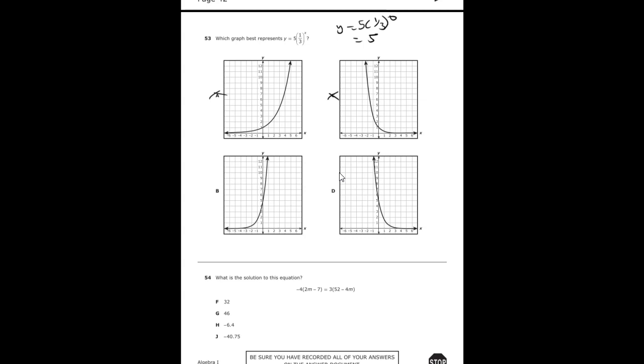So if I look at 1 over 3 to the power of 2, that is going to be 1 over 9. 5 multiplied by 1 over 9 is 5 over 9. So what it's showing me here is that after it gets to 5, it starts to decline. But here, if I see what's happening at 5, it starts to increase, which is not true. So D is your best choice.